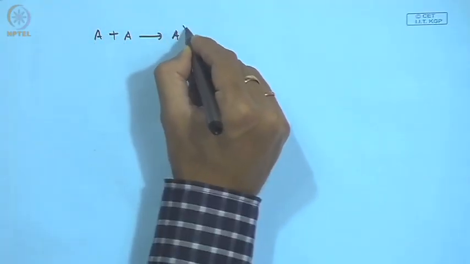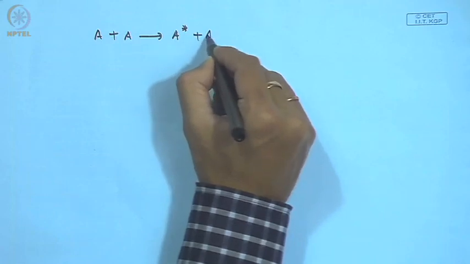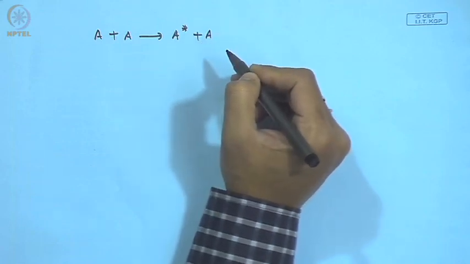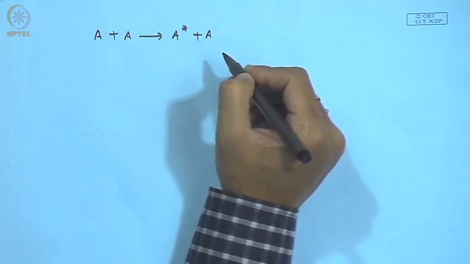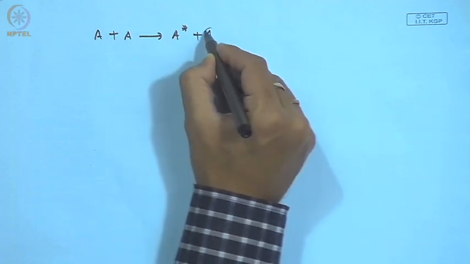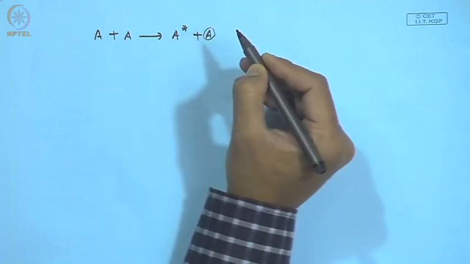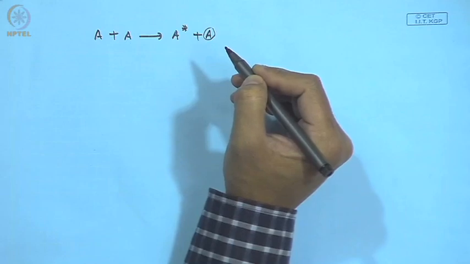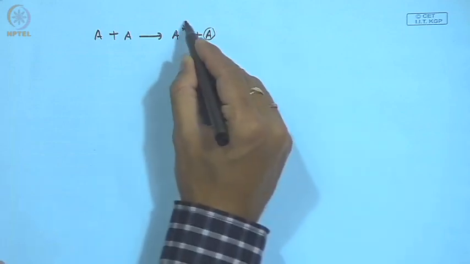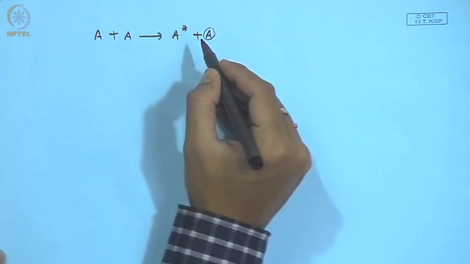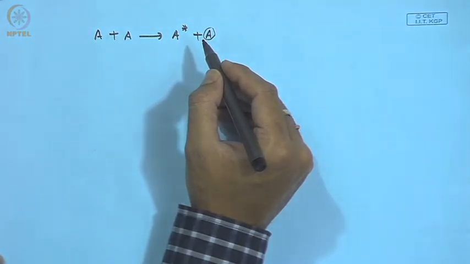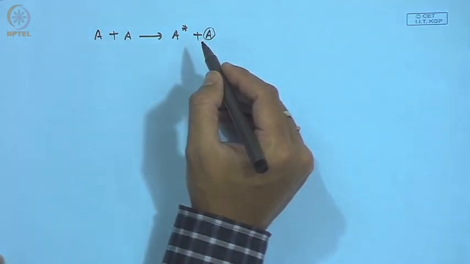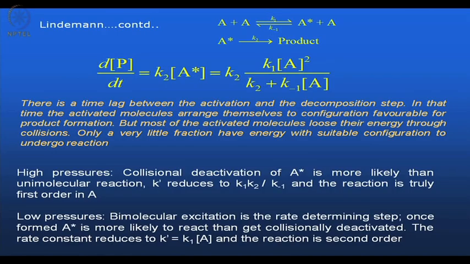So, these activated molecules, most of them, lose their energy through further collision, maybe collision with a second A molecule. But only a very little fraction of this overall A star has energy with suitable configuration to undergo reaction giving rise to product.